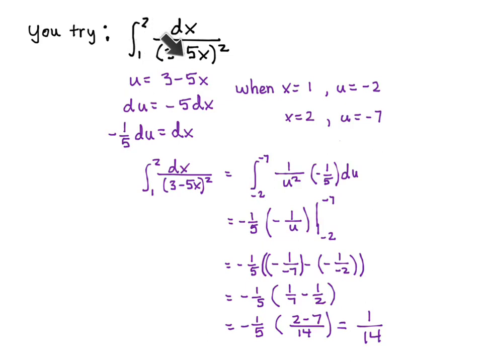And 1 over 3 minus 5x, this value in here may be negative, but this squared always makes it positive. So the value of the integrand, what's inside here, is always positive with positive limits. So we're going to expect a positive area. And lo and behold, that's what we get. We get a negative, or we don't get a negative, we get 1/14.